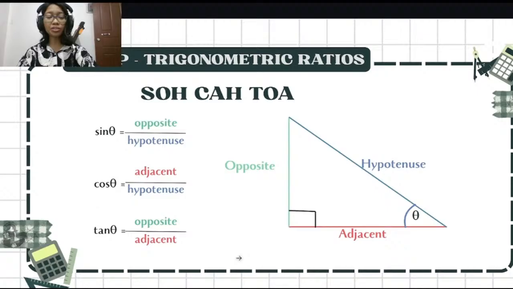Why are trigonometric ratios important? Trigonometric ratios allow us to find missing side lengths or angles even when direct measurement is not possible. Now that we understand how trigonometric ratios work in right triangles, we are ready to apply them to real-world situations.